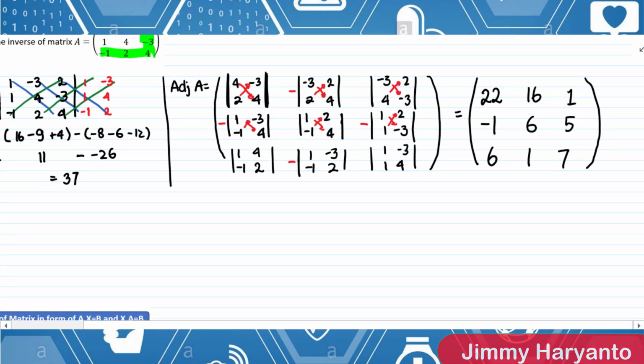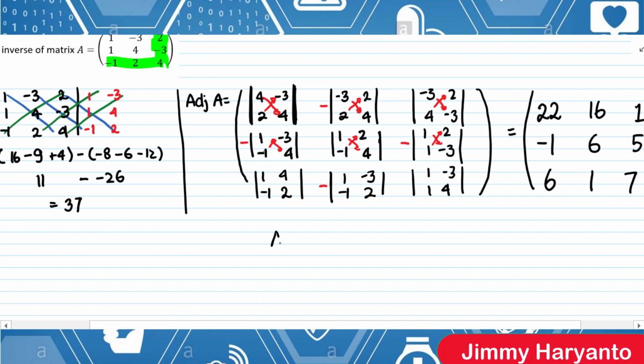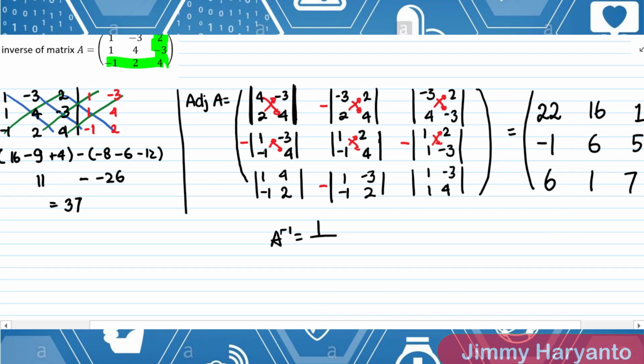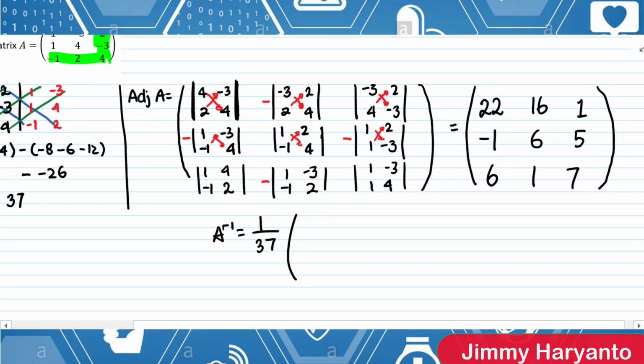And then after that, we can find the inverse. A inverse equals to 1 over determinant. The formula is 1 over determinant, which is 37, and then times with the adjoint. The adjoint is 22, and then 16, 1, negative 1, 6, 5, 6, 1, 7. Okay.